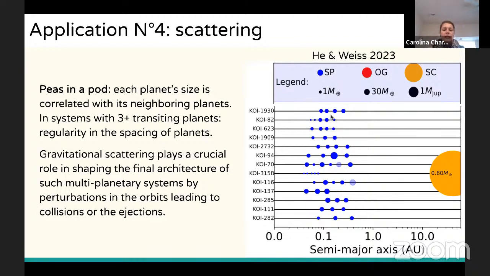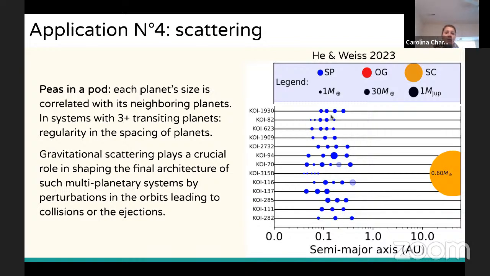So there is this theory that planets with low masses follow what we call peas in a pod. So planets in a particular system have similar sizes or masses.